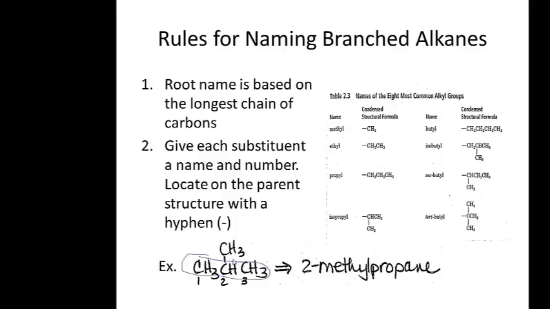So this is a pretty simple one. This is a 2-methyl propane, 2 and a dash to show that the methyl is on number 2 and propane is the root or is the parent structure.